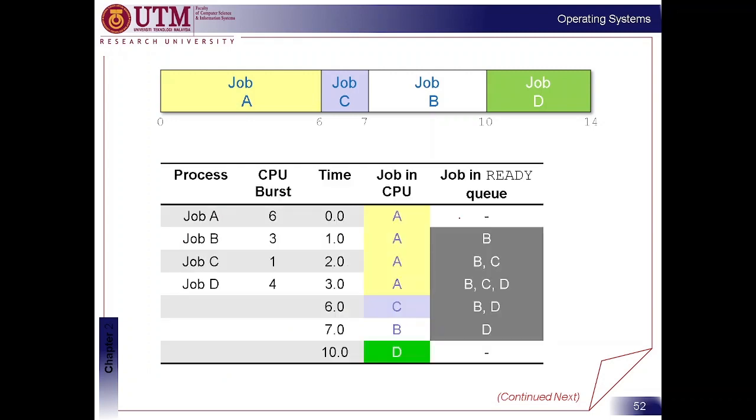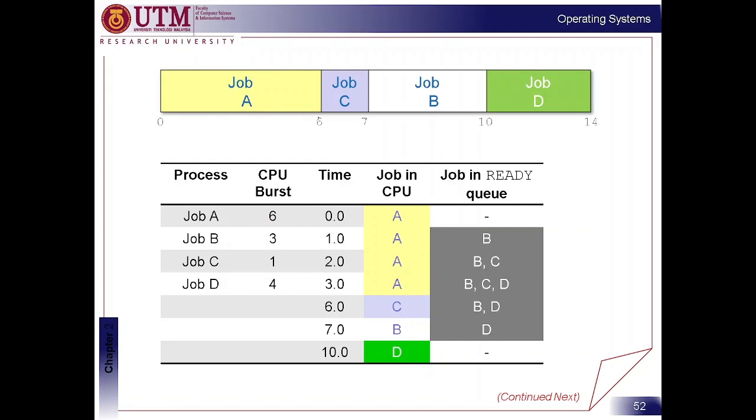You can see here, job A will be executed first because at time 0, only job A is available. Even though job B has smaller CPU burst time, we cannot preempt job A. Only after job A is completely executed will we see the available processes.